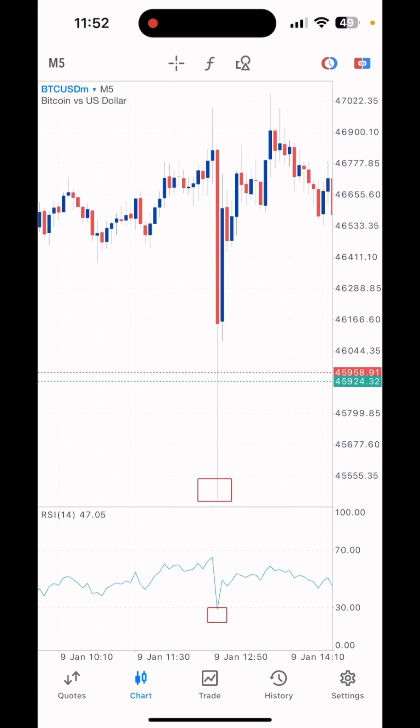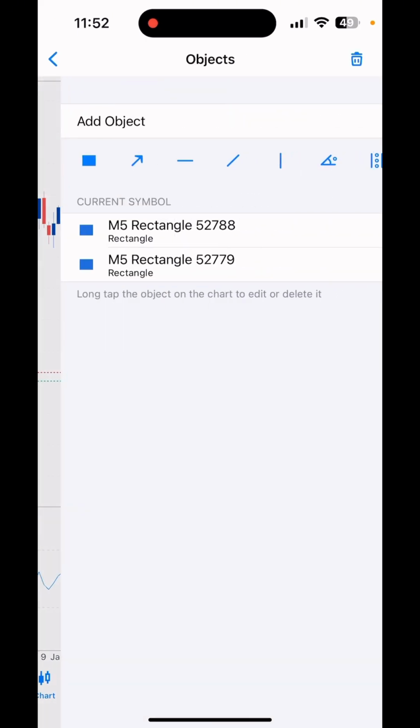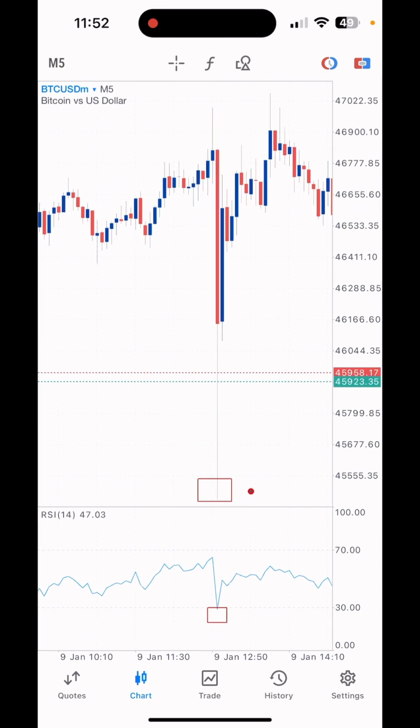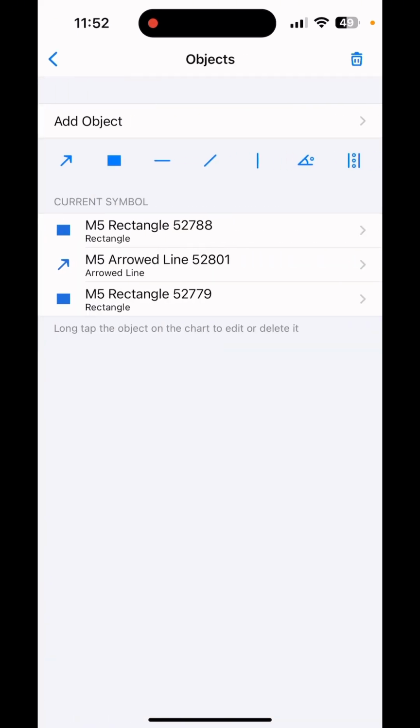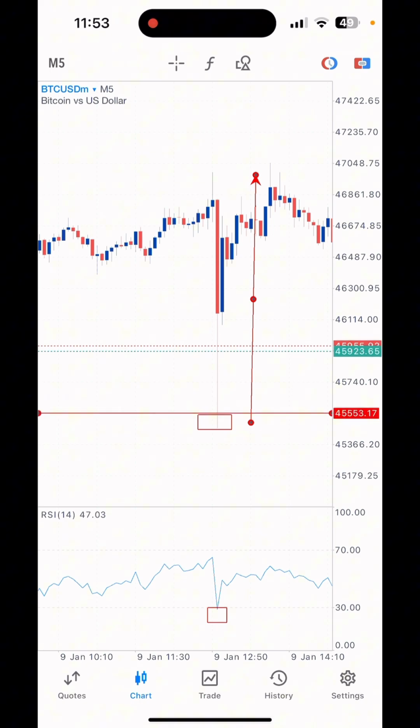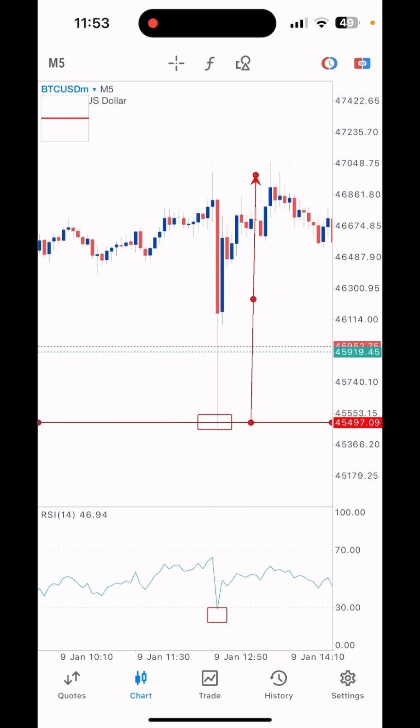If you had entered a buy now, you would have made this amount of profit. Can you see? So as a trader, this would have been your entry point, because you are actually using the RSI as your indicator to know when to either buy or sell.